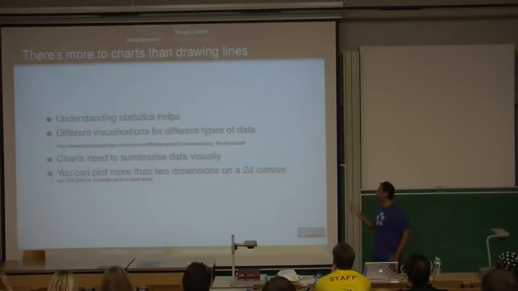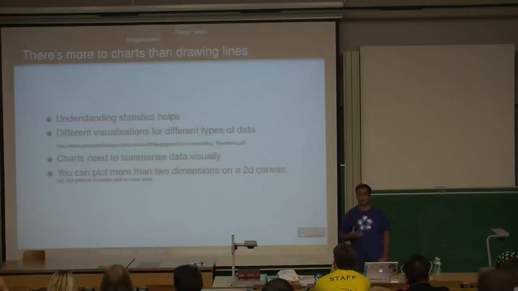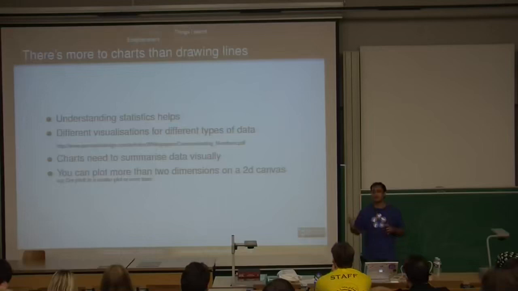So once you start getting into this thing of actually designing the user interface to the data, you need to think much more than just drawing lines to present it to the user. You're basically looking at summarizing this data visually. So when a user's looking at a chart, he doesn't want to know the actual numbers. If he wanted to know the numbers, he'd just print out a table and figure that out. He wants to know, is it going up, is it going down, is it green, right?